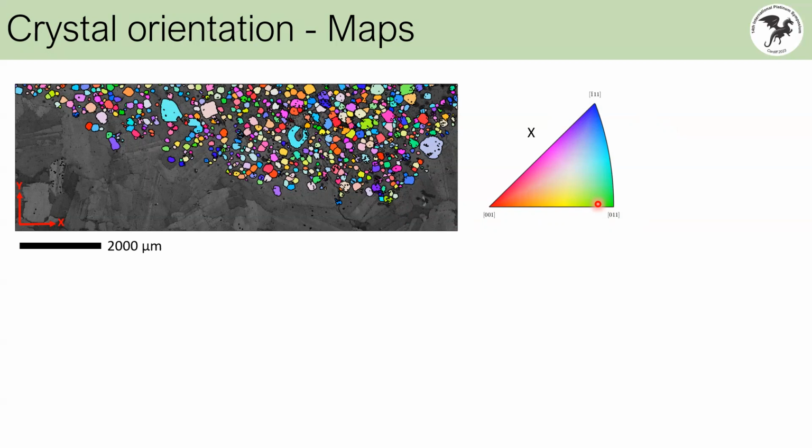There are many more axes in between those basic ones. You can already see that here you have a bunch of different colors. This map is produced so that we are looking at the orientation along the x direction. You can change that in your codes and in your software.